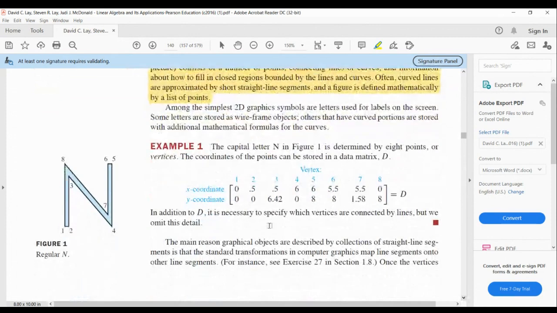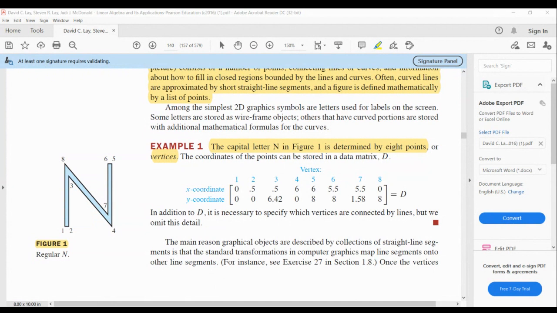Here's example one. The capital letter N here in figure N, the capital letter N, is determined by 8 points, the 8 vertices here, 1, 2, 3, 4, 5, 6, 7, 8. So how do you store the letter N on a computer?